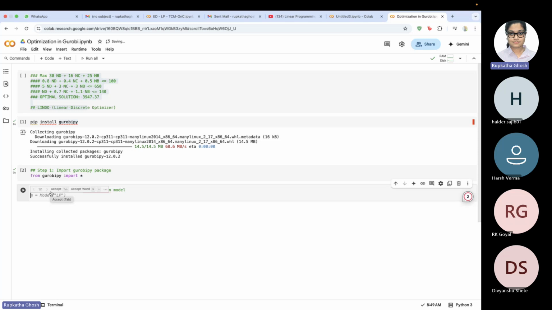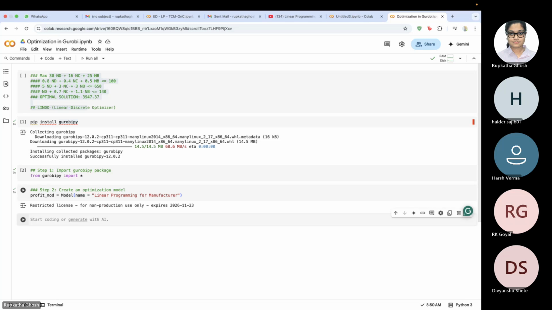Let's say I want to give the name profit mod, equal to Model with name equal to linear programming. Initially you are just giving the model name. This is also known as a model constructor. You are not specifying any variables or constraints yet.